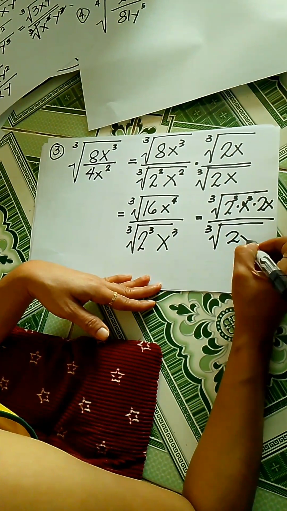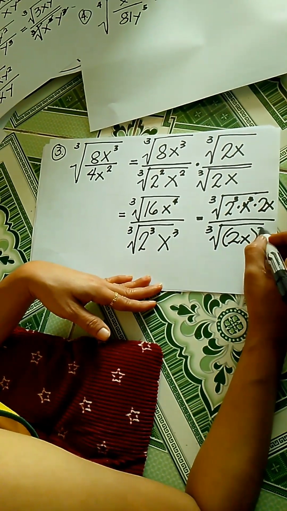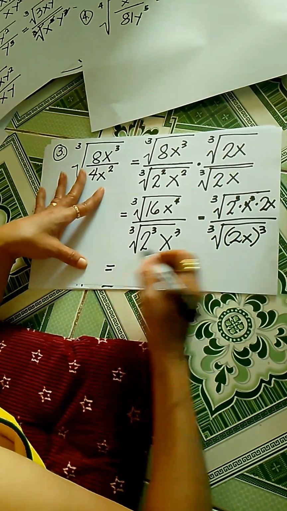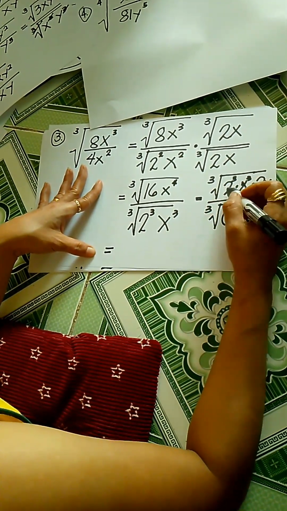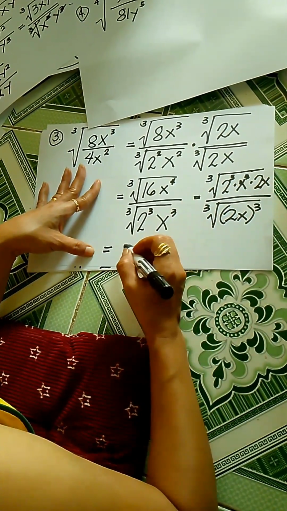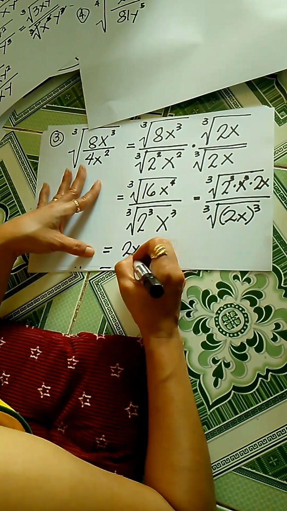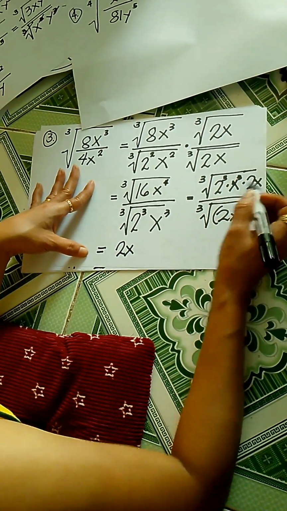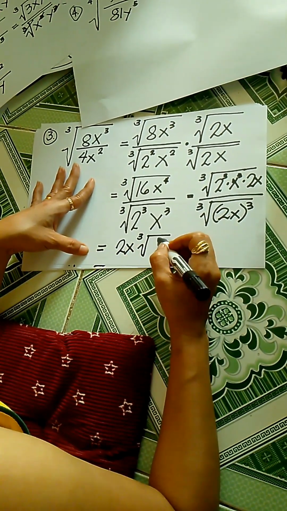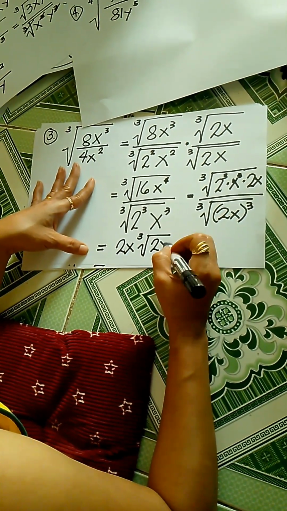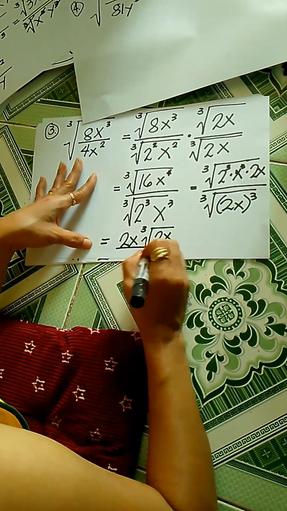Ayan. Susulat lang natin yun ulit, yung ating denominator, which is cube root of, or we can write it as, since pareho silang nakaraise sa 3, 2x raised to 3, or quantity 2x raised to 3. Yan. Let us now simplify. Cube root of 2 raised to 3 and x raised to 3 is 2x.